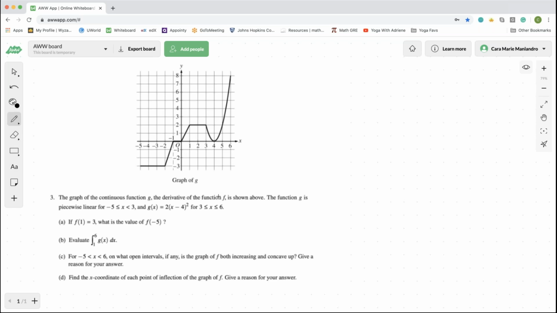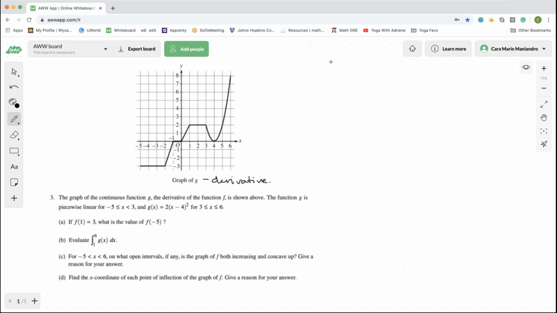Okay, so we have a graph of a continuous function g, the derivative of f. So I personally would make a note that this is a derivative. The function g is piecewise linear, and then they give us a function for 3 to 6.